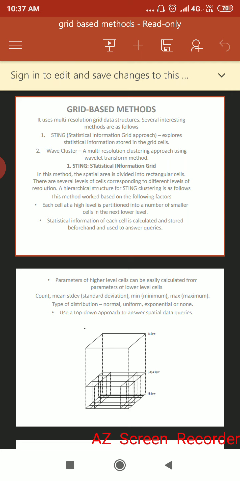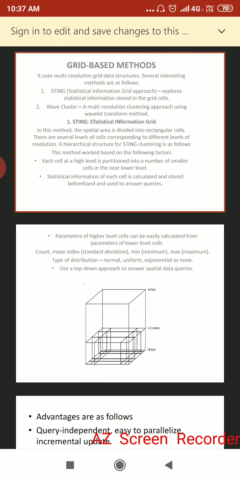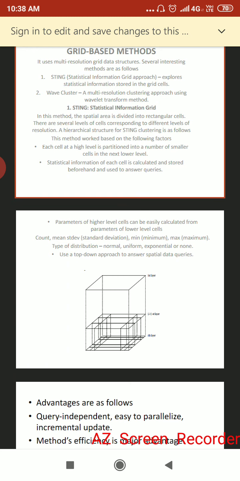Grid-based means we are using grid data structures. In the grid-based method we use two algorithms: one is the STING algorithm and the other is the WaveCluster algorithm. STING means Statistical Information Grid approach. What is the meaning of statistical information?